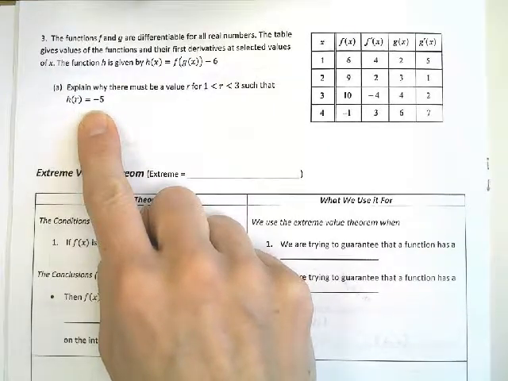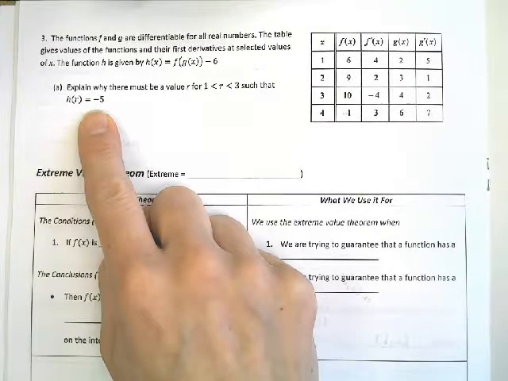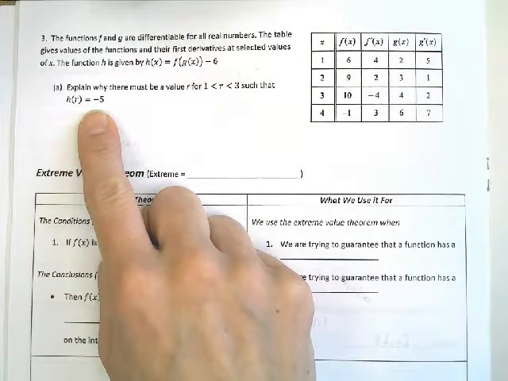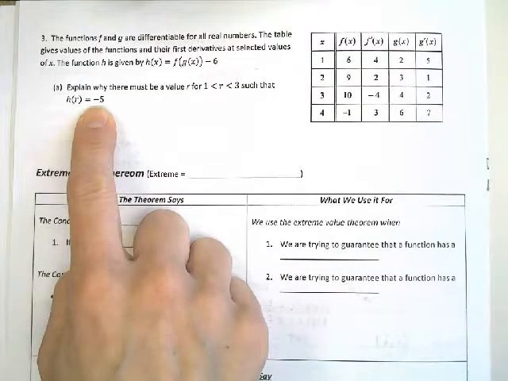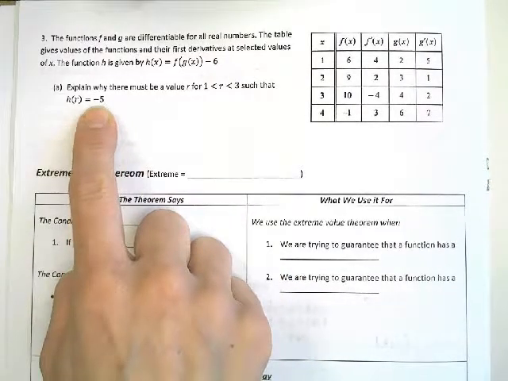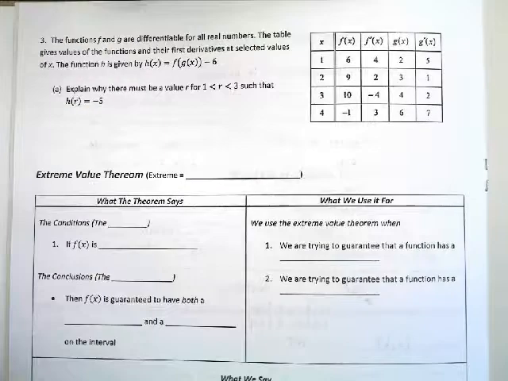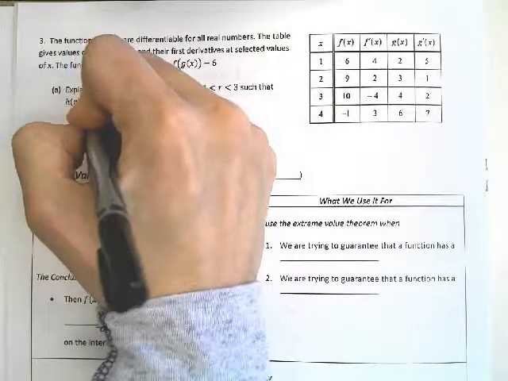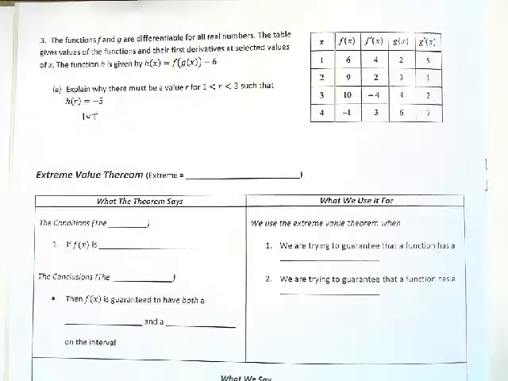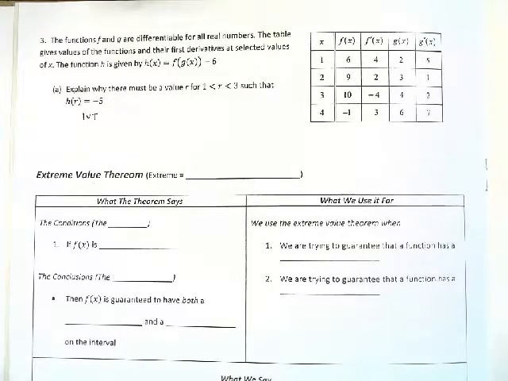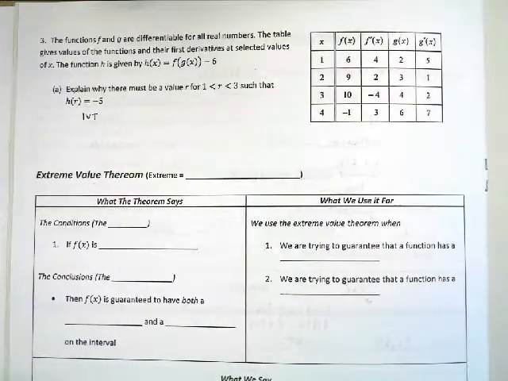So here, as I'm reading the question, I'm going to ask myself, what are they trying to ask me? What is the question asking me? And the question is asking why I can guarantee that a function takes on a specific value, which I know has to be IVT. The IVT is what's going to allow me to guarantee that a function takes on a specific value.